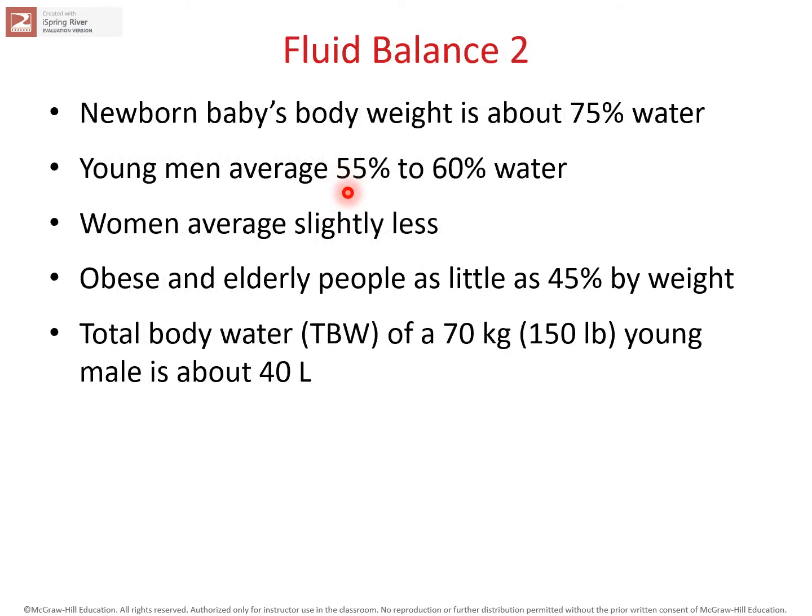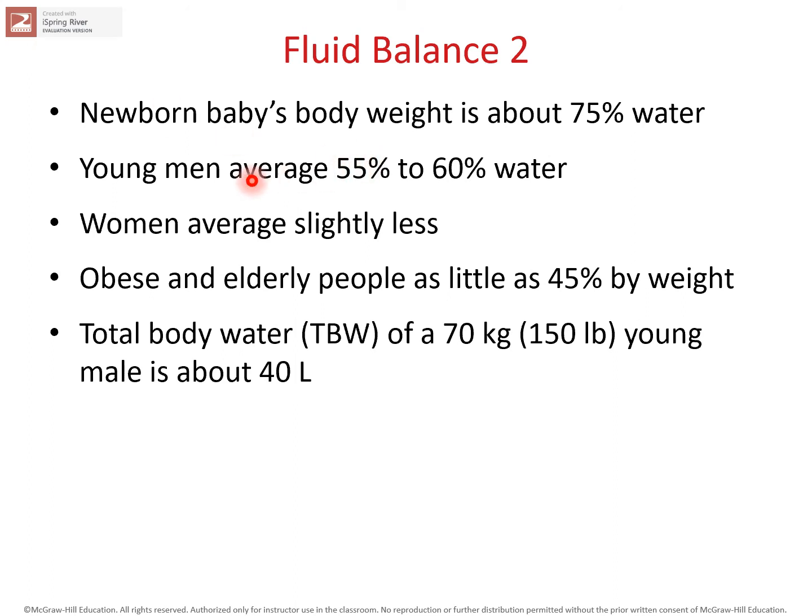Our cells float in, we are a big sack of water, right? But our total body water composition changes with age, and the volume of water we have also changes with age, right? Now, different genders also have different compositions. But when we are born as a baby, all infants have about 73 to 75% of their body made up of water.